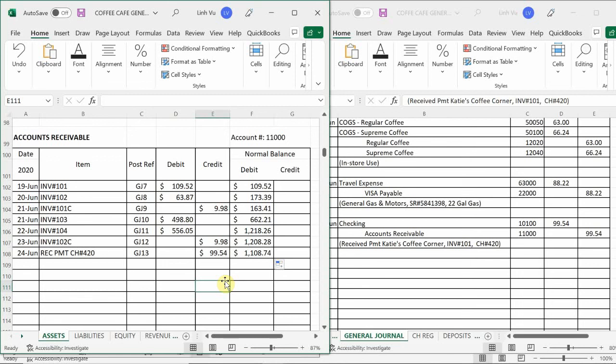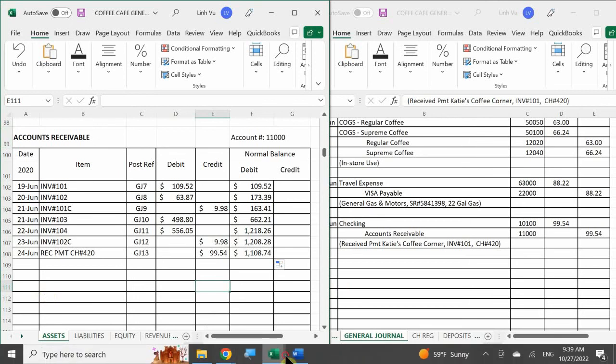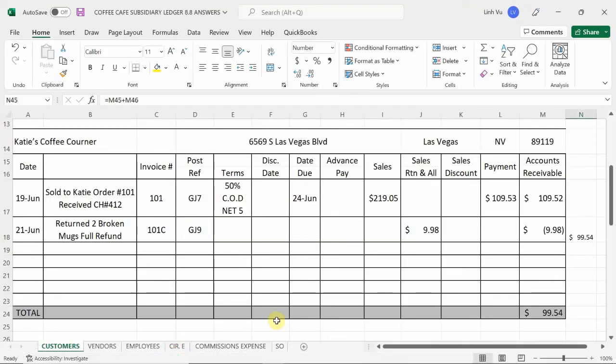What's the last thing I need to do? Go to Katie's corner. We're going to update Katie's account to make sure that we know she made a payment. She doesn't owe us anything anymore. Today is the 24th.